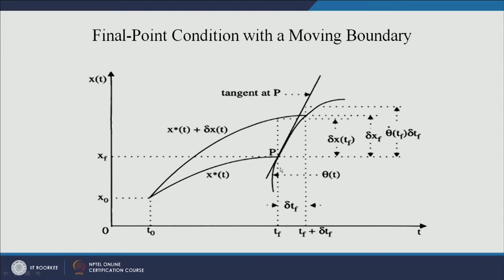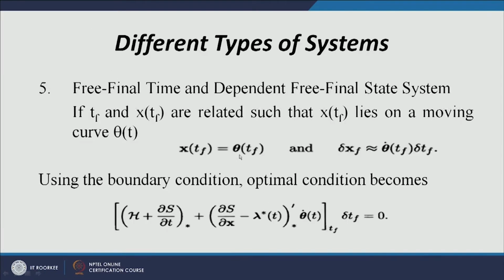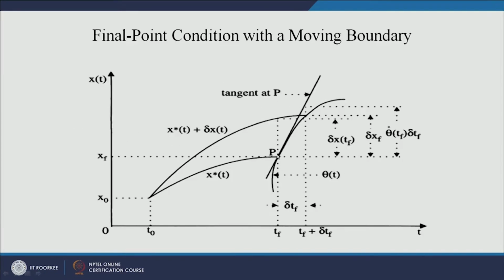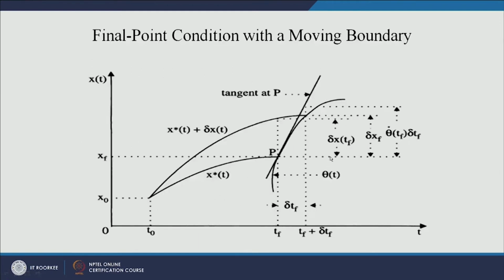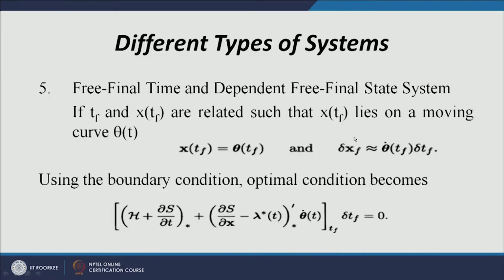So, at Tf I have x of Tf equal to theta of Tf. In this case I can approximate delta xf as theta dot of Tf into delta Tf.